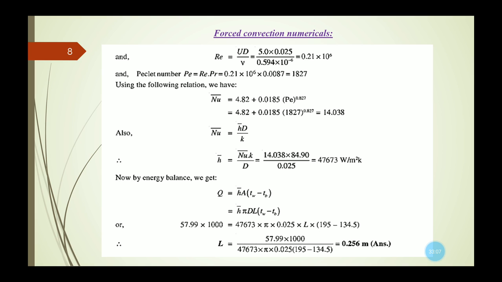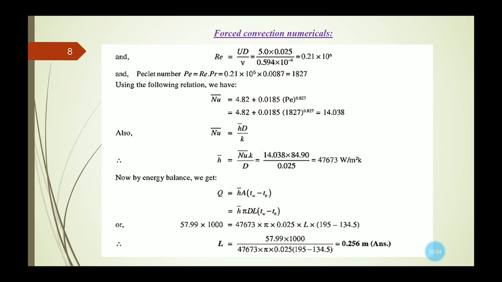But the Nusselt number can be represented as h d by k. So from this value we can calculate the average heat transfer coefficient, which we are getting as 47,673 watt per meter square Kelvin. Now by energy balance, we can write the relation Q equals h A times the temperature difference, that is the Newton's law of cooling representation.